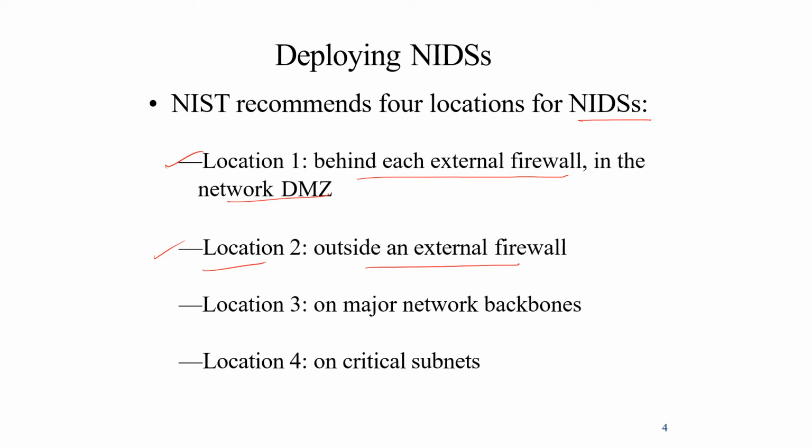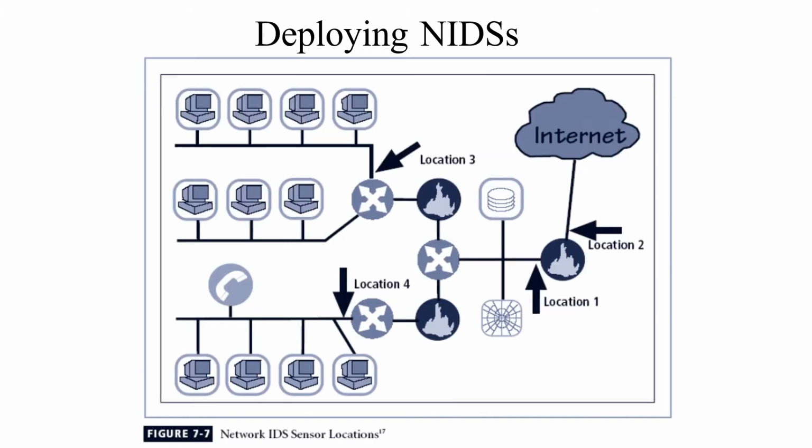And third, on the major network backbone. Fourth location, on critical subnets. Let's observe this with the diagram of deploying NIDS. This is location 1, location 2 over here outside, location 3 and location 4.